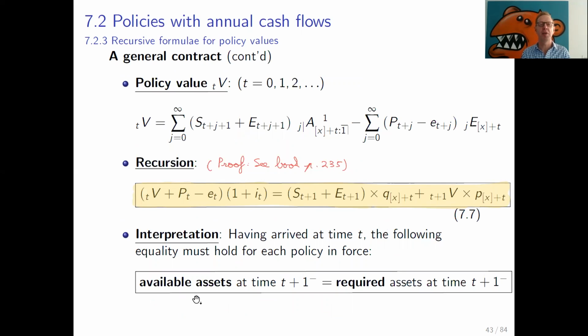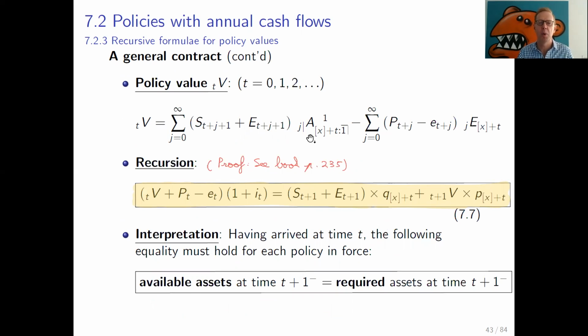Let us first have a look at the expression for the policy value Vt at time t. It is the actuarial value of future benefits minus the actuarial value of future premiums. So the person at time t is now aged x+t.